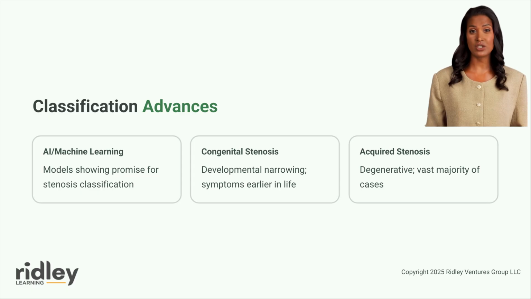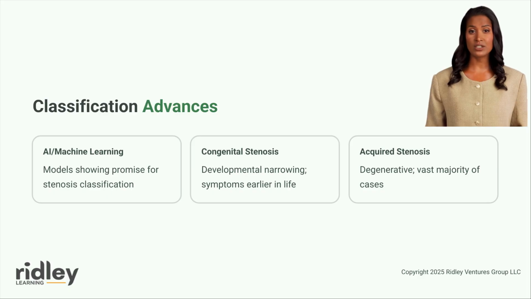Patients with congenital stenosis have shortened pedicles, reduced interpedicular distance, and decreased anteroposterior canal diameter from birth. While these individuals may remain asymptomatic during youth, they have reduced reserve capacity and become symptomatic with lesser degrees of superimposed degenerative change than would be required to produce symptoms in patients with normal canal dimensions.